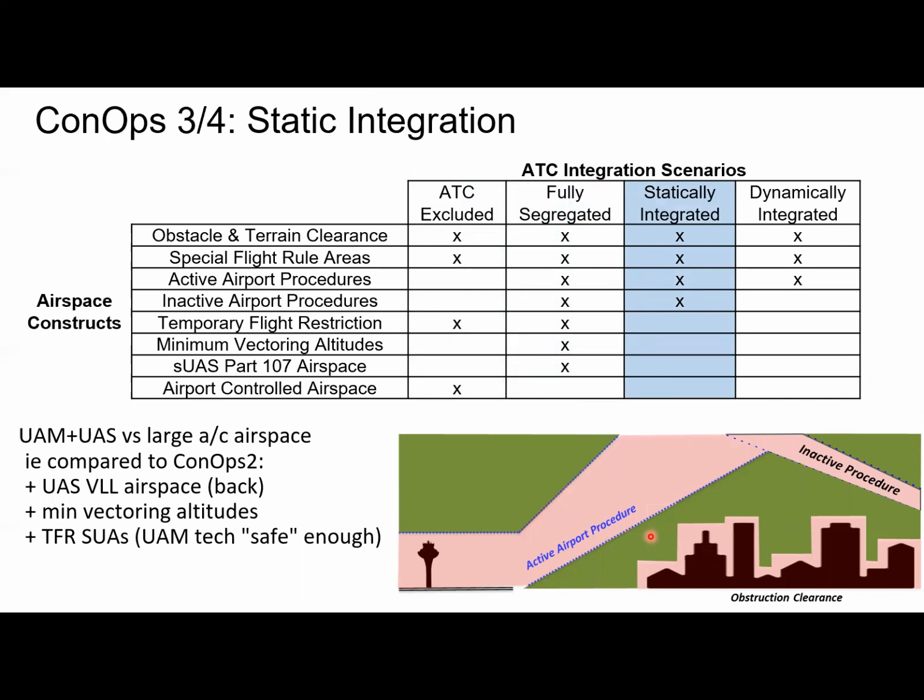We could also think of a better integration, when both the small drones and the urban air mobility can use any airspace, except for the SIDs and STARs.